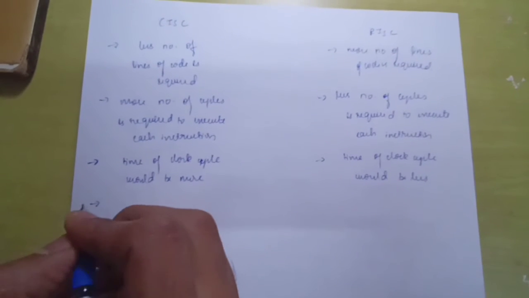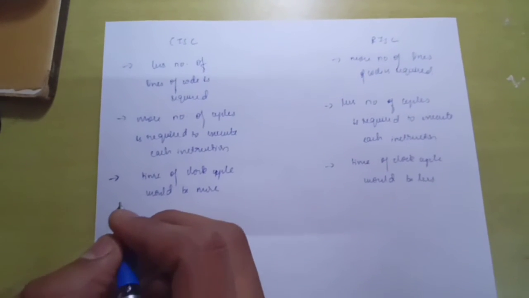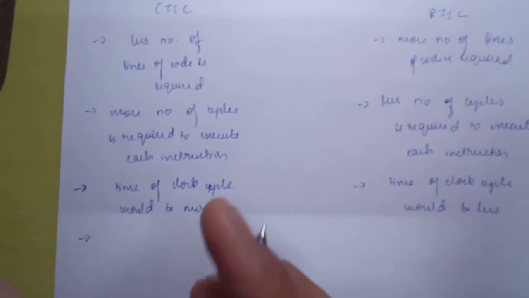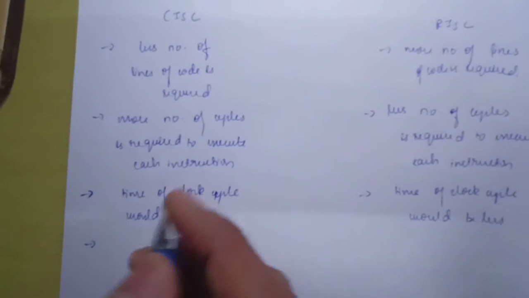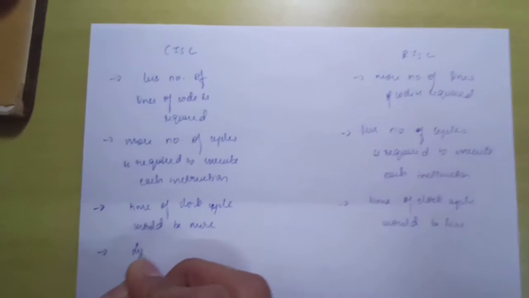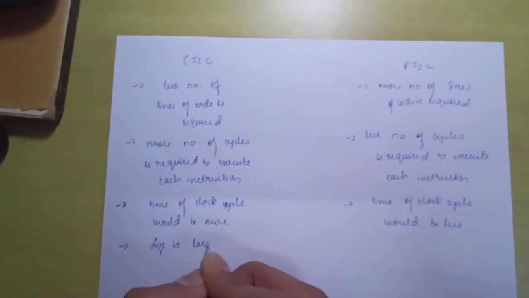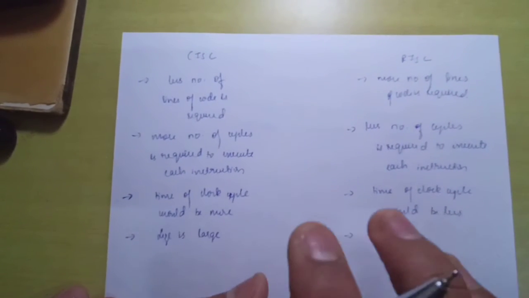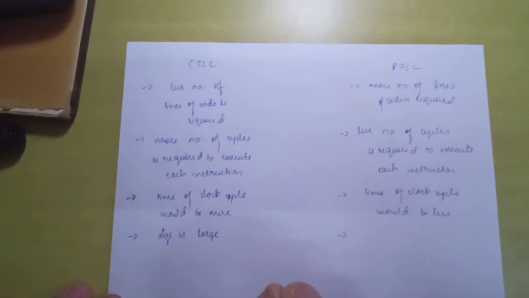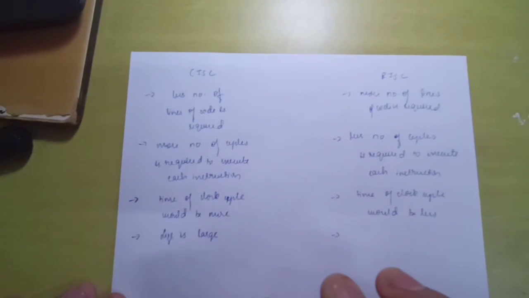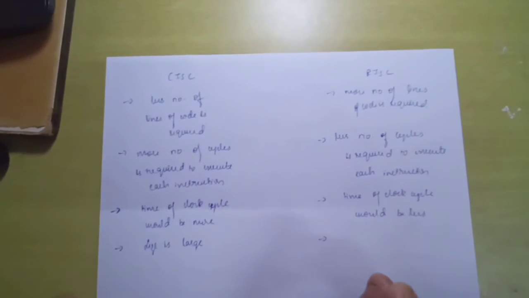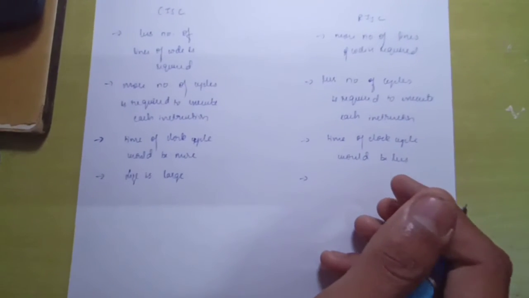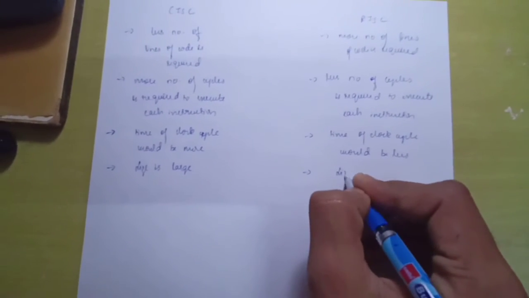As I said, since the processor has to support a large number of opcodes, the size of the processor would be large in CISC. In RISC, since the instructions are simpler, all the instructions are streamlined to the commonly used instructions. Since there will be a less number of instructions compared to CISC, the size is less here.